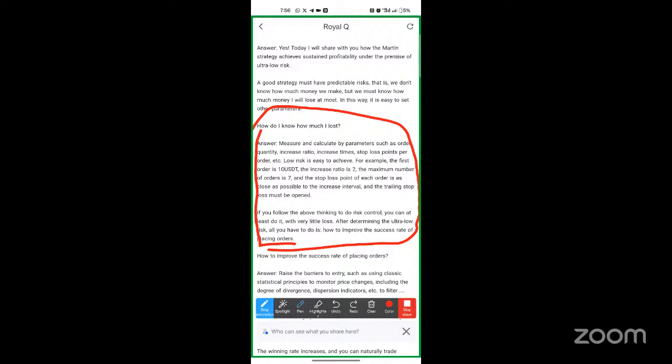So you are increasing your buying power by 2. And let us say that the maximum number of orders is 7. And the stop loss point of each order is as close as possible to the increase interval. And the trading stop loss must be open.